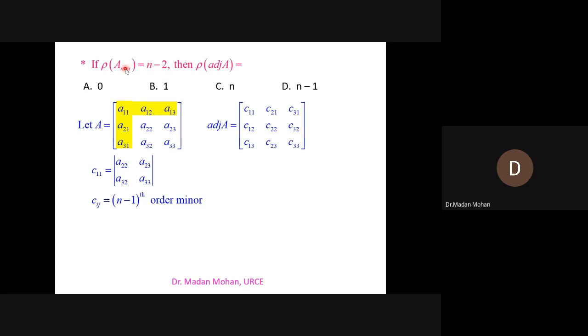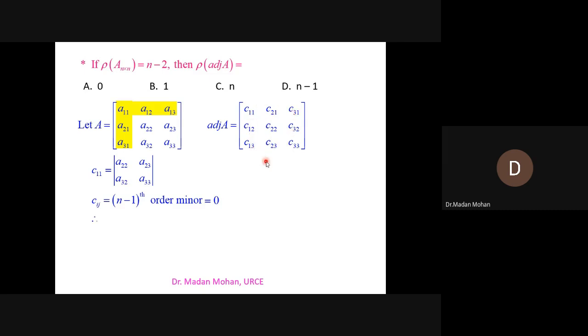From the rank definition, you have at least one non-vanished minor of order n minus 2, and all minors of order above n minus 2 vanish. Above n minus 2 means n minus 1, that is n minus 2 plus 1. This vanished. So, all these entries become zeros.